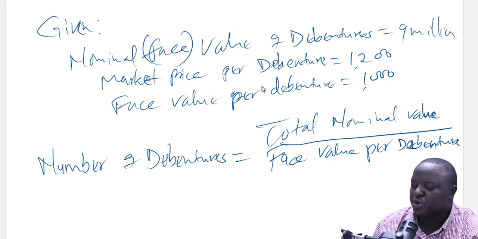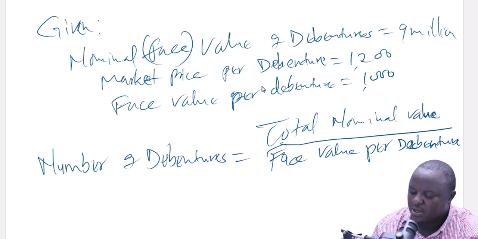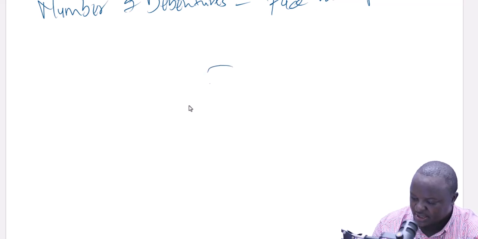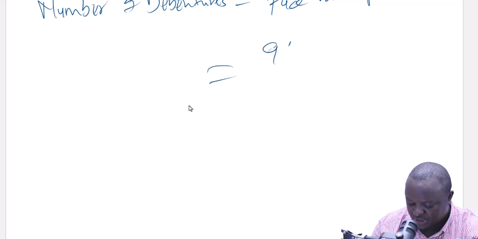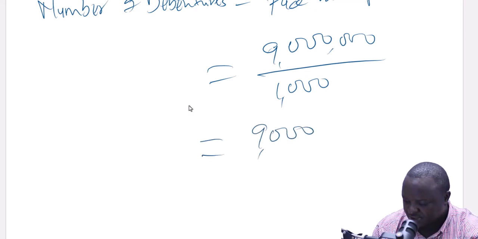Our total nominal value is 9 million, while the face value per debenture equals 1,000. So it means that we have 9,000 debentures.